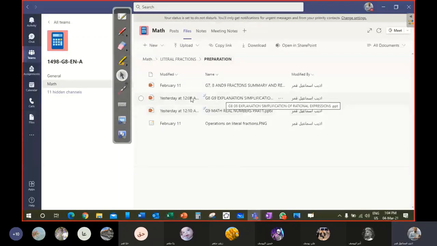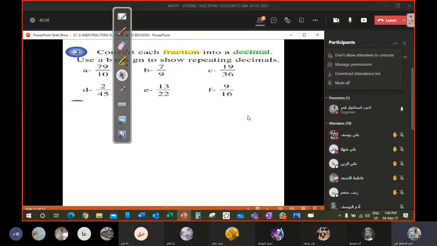The one we are working with is grade 7, 8, and 9 fractions summary. It's a presentation about everything about fractions for grade 7, grade 8, and even grade 9.